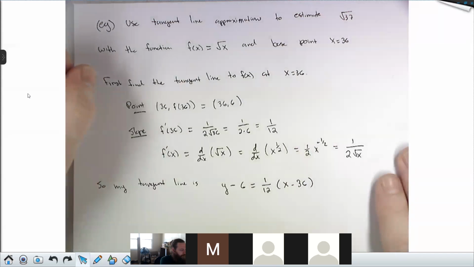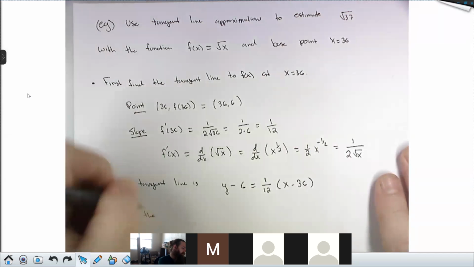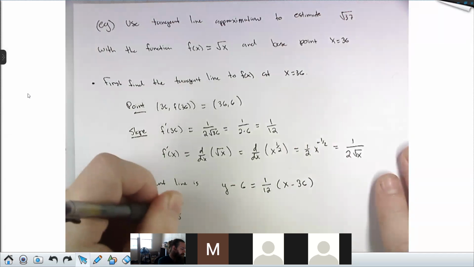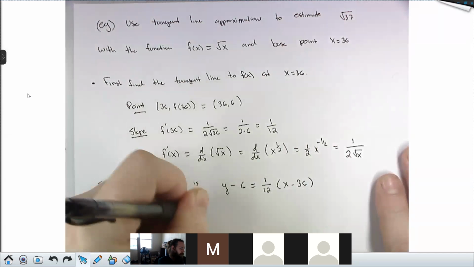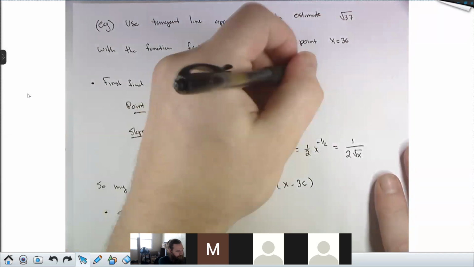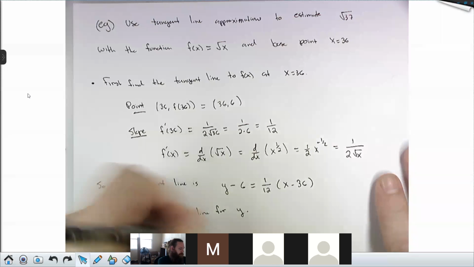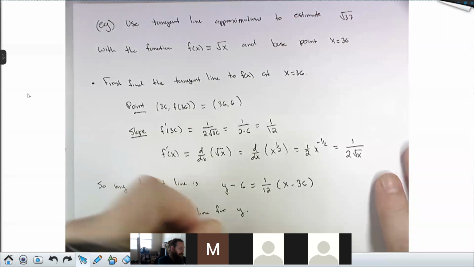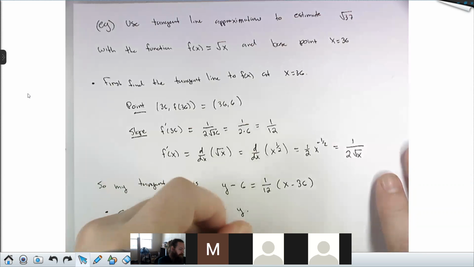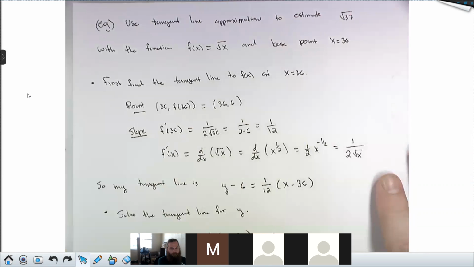Now we solve this for y. So if I do that, I'll get y equals 1/12 times x minus 36 plus 6.